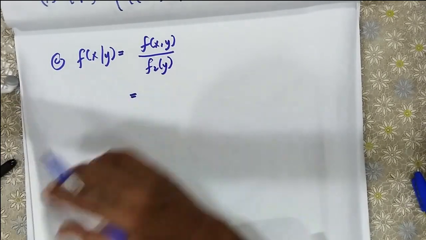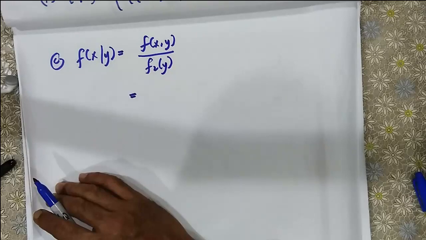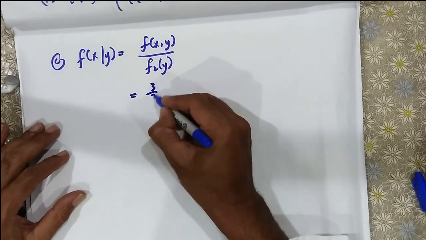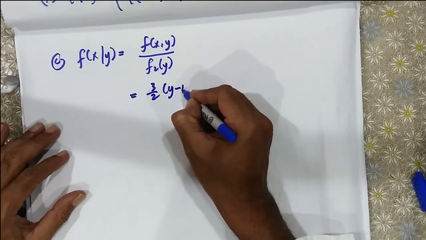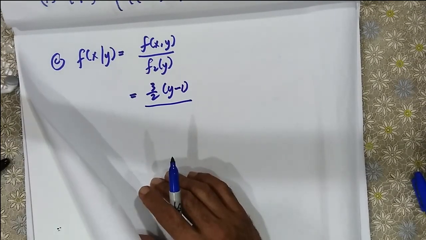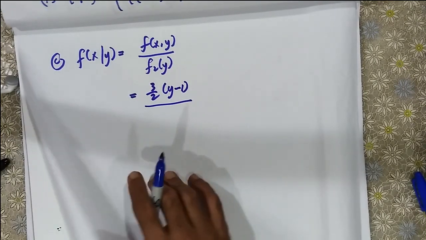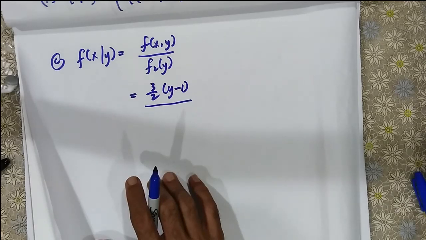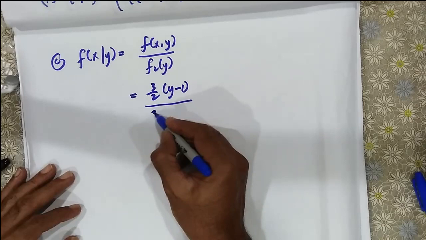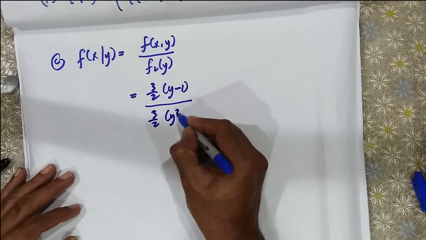Then you can write here the original function of f of x, y. The joint probability is 3 over 2 (y minus 1) over the marginal of y. The marginal of y we have just now is 3 over 2 (y squared minus y).